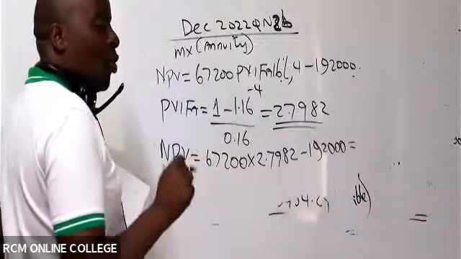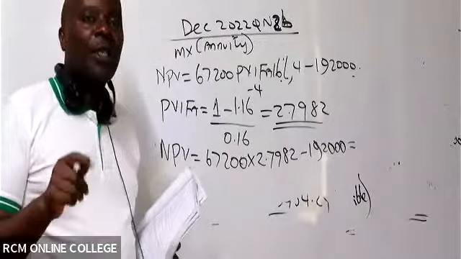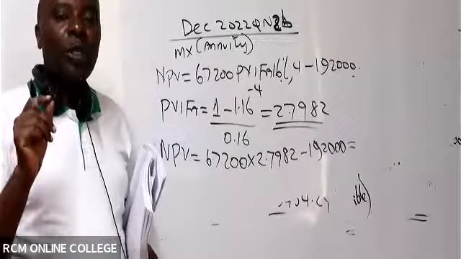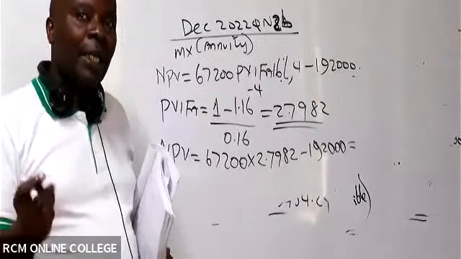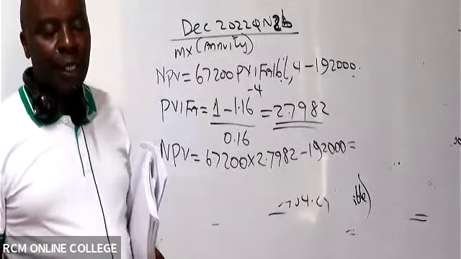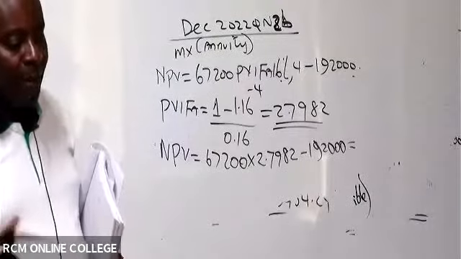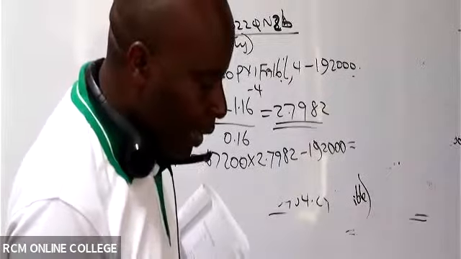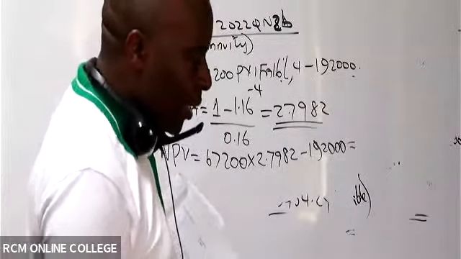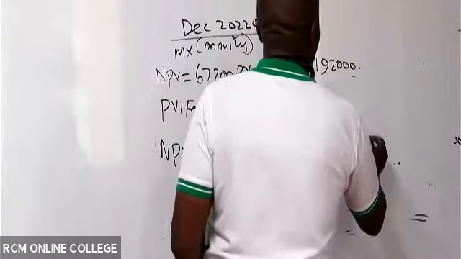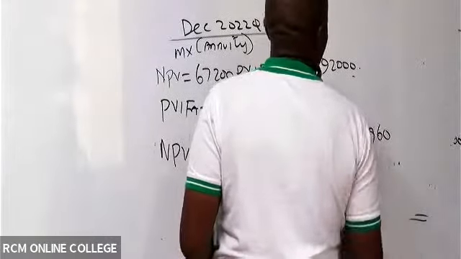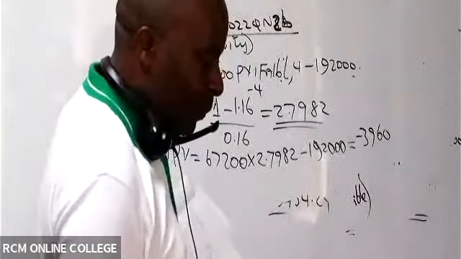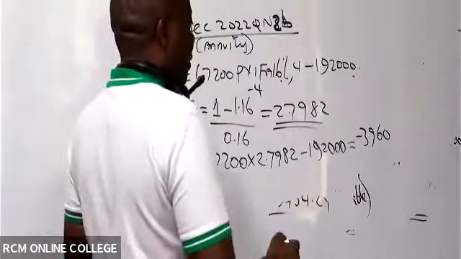I'm doing this because I want to prove to you that we are going to get the same answer at the end of the day, so that I will not leave you behind, imagining how come that guy never used PV-FA. We'll end up getting the same answer. Negative 39,60 point 96.